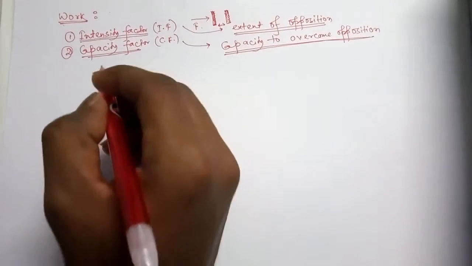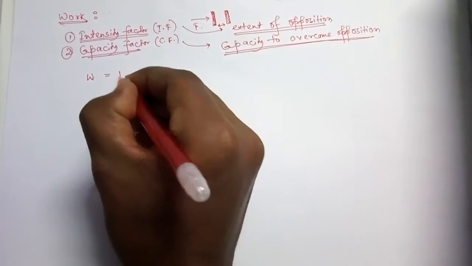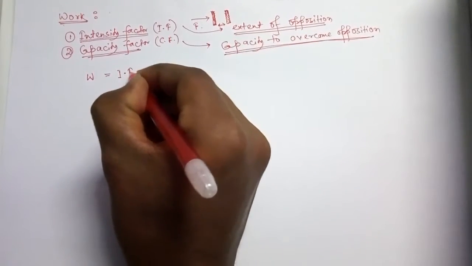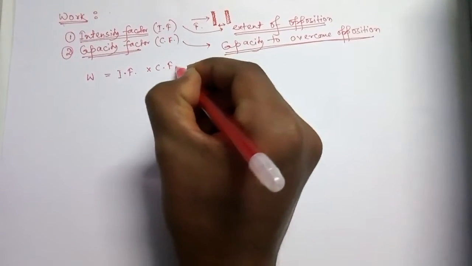Now we can write work equal to intensity factor multiplied by capacity factor.